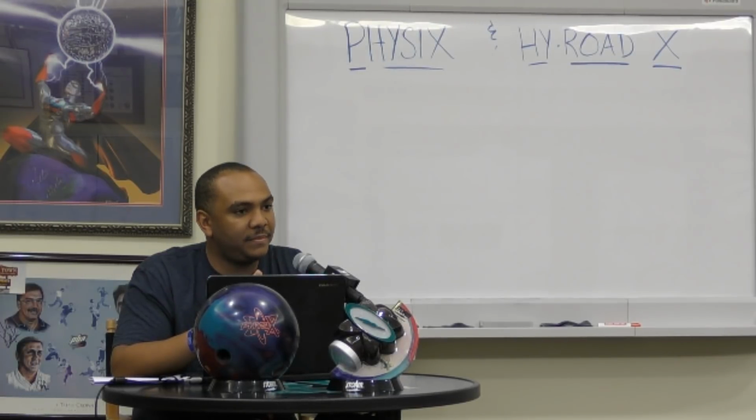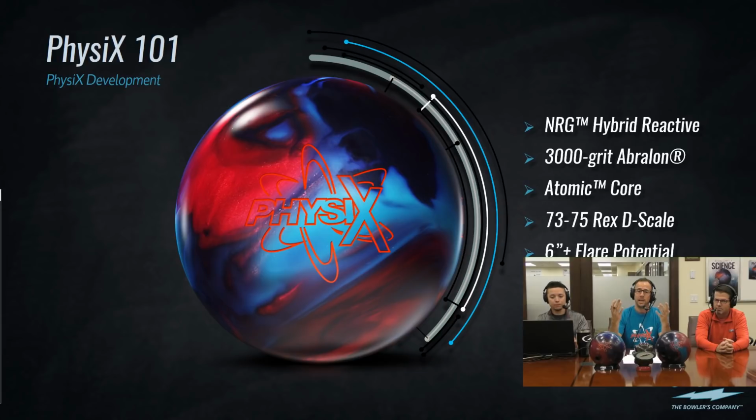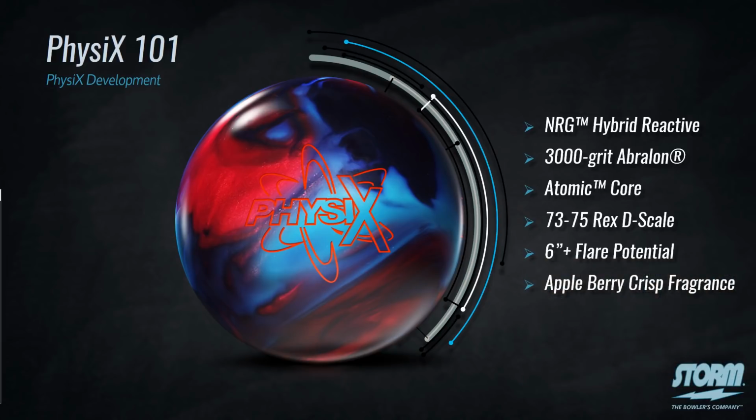One of the things I've heard about that, which is definitely pretty rare nowadays, is that with the Physix, you're actually able to use it these 3 weeks, all 3 games. Absolutely. A lot of times, a good high-end, high-performance asymmetrical is good for game 1, maybe 1.5. If you're lucky, you can squeeze out 2. But when you've got 3-4 players on a lane for a set, a lot of times you can't use it in game 3.